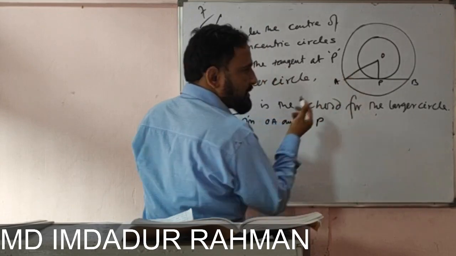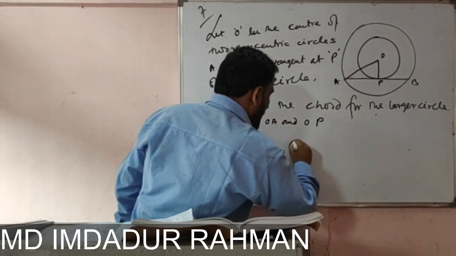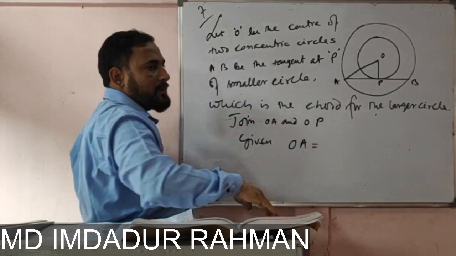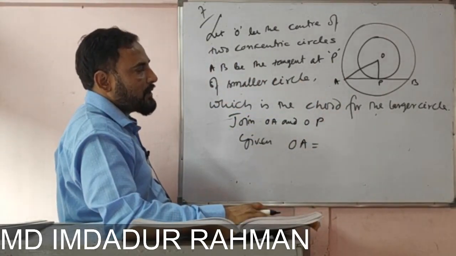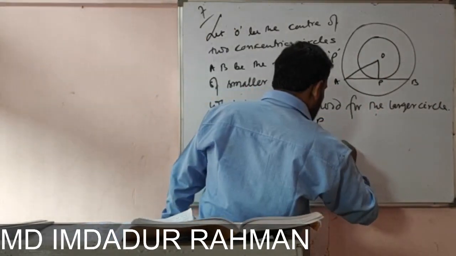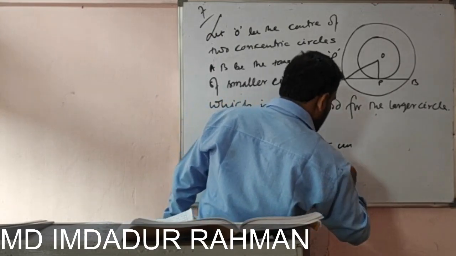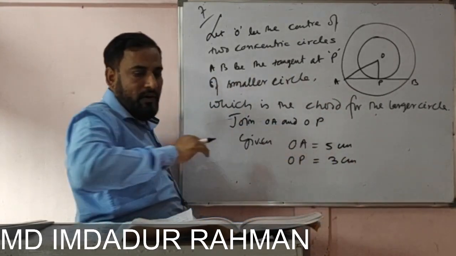We are doing this simply. Given OA is equal to 5 cm, because it is visible that OA is the radius of the larger circle. OP is equal to 3 cm.